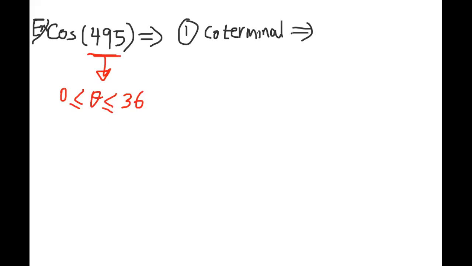So by using the coterminal angle, like I said last time, we keep adding 360, or we subtract 360. But here I need the angle between 0 and 360, and 495 is more than 360, so I have to subtract. 495 minus 360.